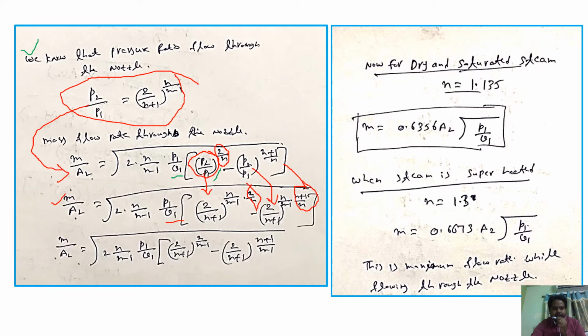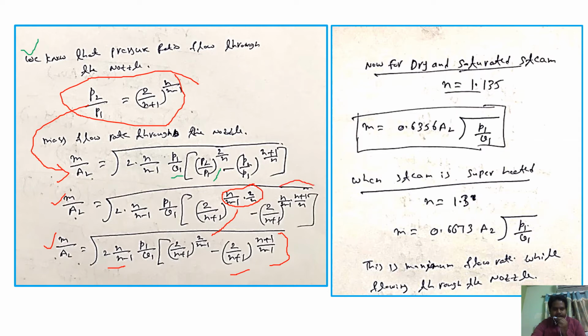After simplification, the final equation is M by A2 equals square root of 2 by n minus 1 P1 V1 into, inside the bracket, 2 by n plus 1, and when you simplify this part, that would be 2 by n minus 1 minus 2 by n plus 1.